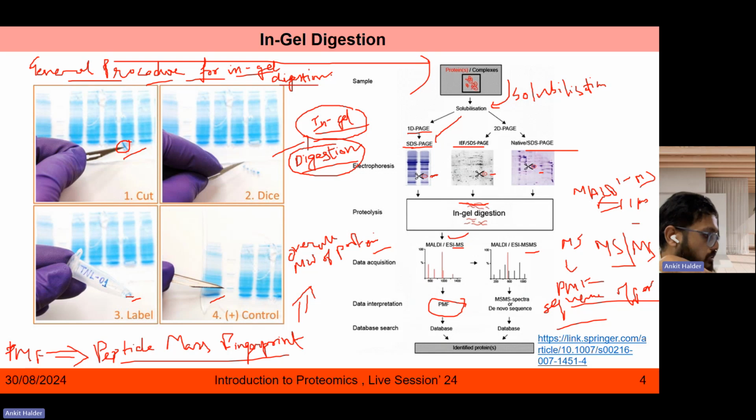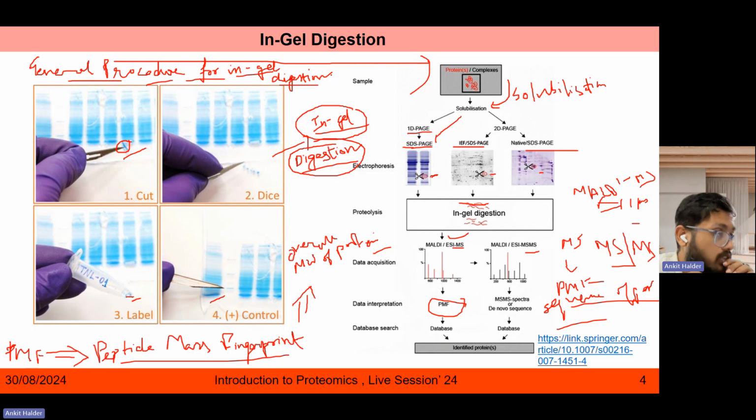And I think you have gone through the videos where we need to couple two quadrupole and TOF mass analyzers together, that is quadrupole TOF or TOF TOF, to get the sequence of the peptide.